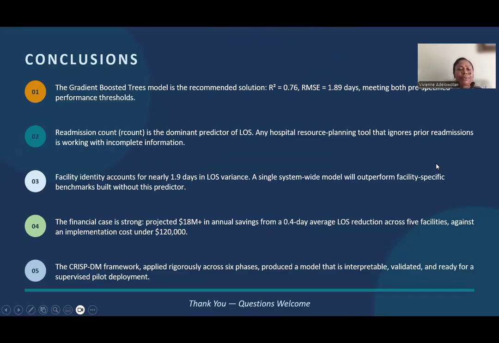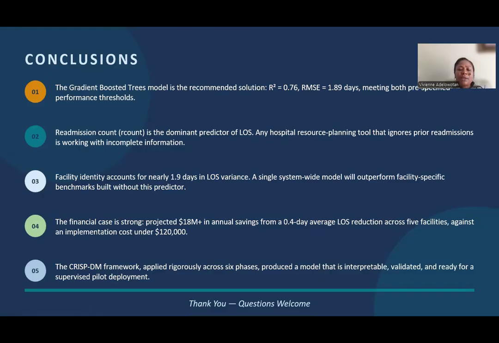Conclusion. To close, I came in with a concrete business problem, which is hospitals cannot predict length of stay reliably. And I'm leaving with a validated solution.